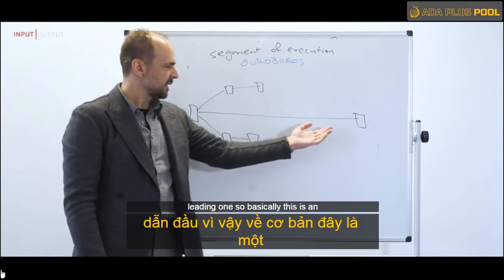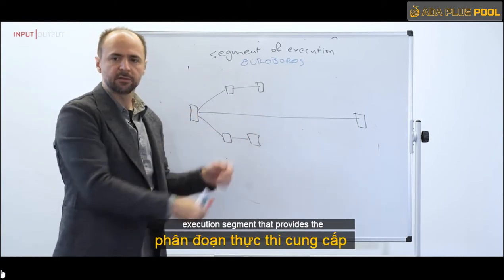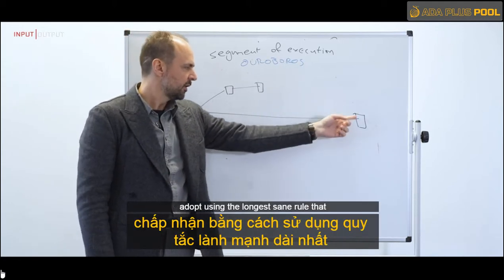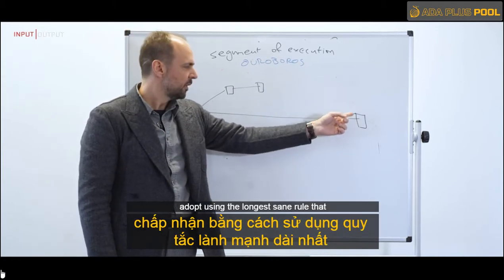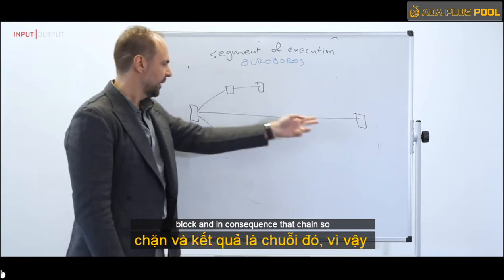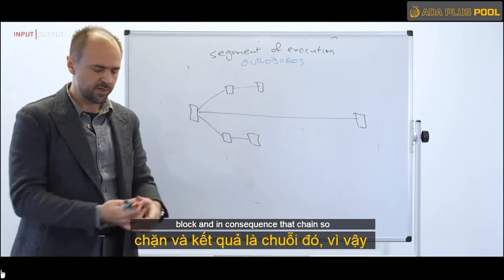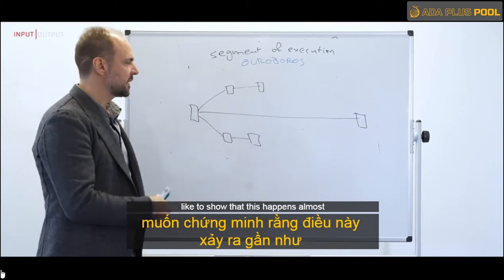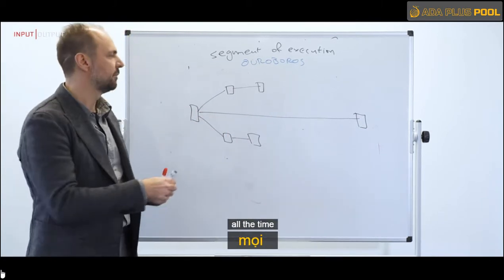So basically this is an execution segment that provides the opportunity for the honest parties to adopt, using the longest chain rule, that block, and in consequence that chain. So this is a good situation, and we would like to show that this happens almost all the time.